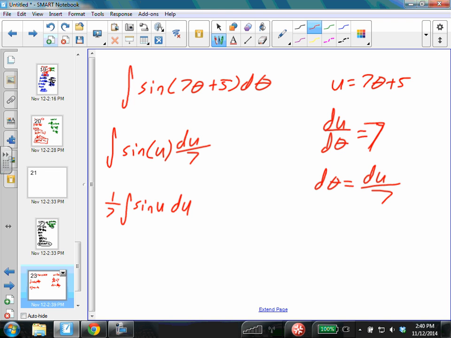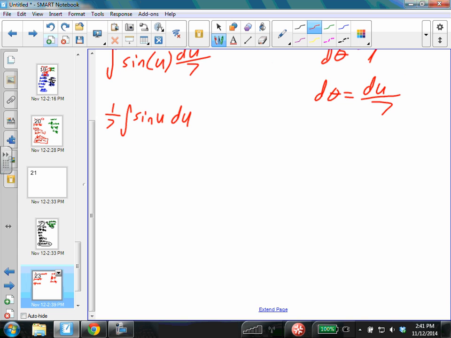And what's the antiderivative of sine? Okay, so I have 1/7 times negative cosine of u plus c. So I'm going to distribute that positive 1/7, and so positive 1/7 times negative cosine makes negative 1/7 cosine.